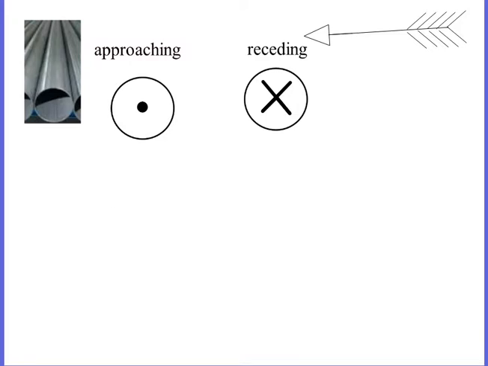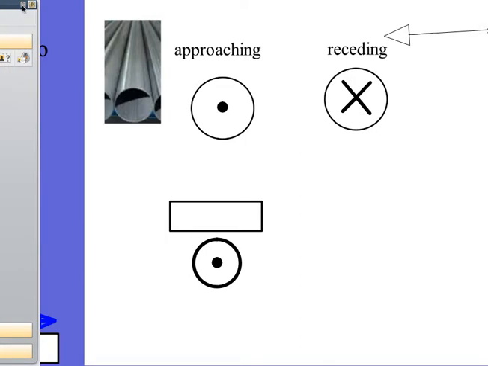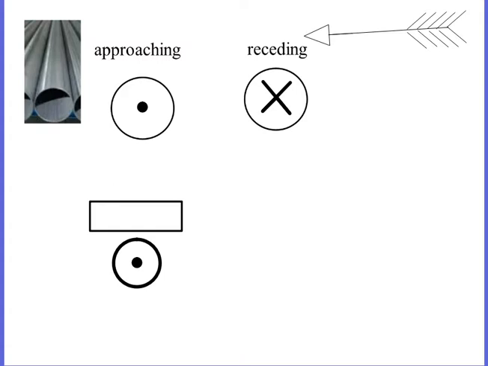All right. With that established, I want to consider, here is a current coming towards you, and I put a compass above the current, and there is a magnetic field to the left. And when the compass needle is under the wire, there is a magnetic field to the right.